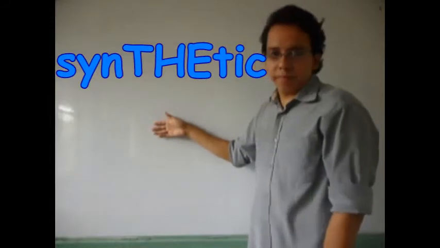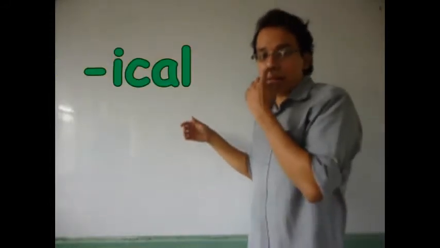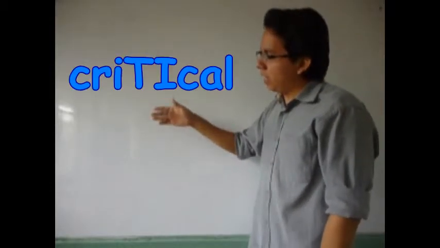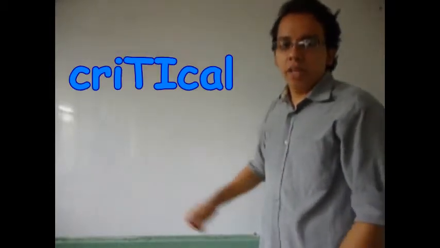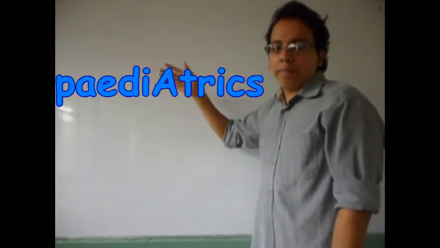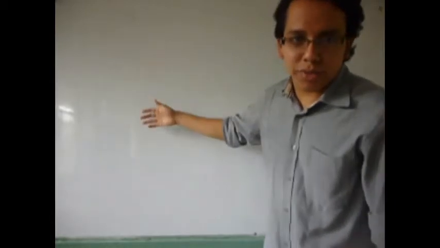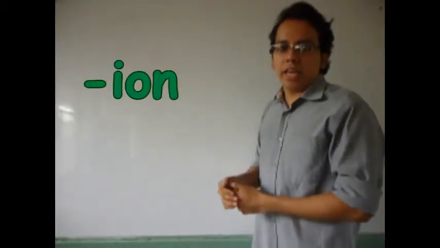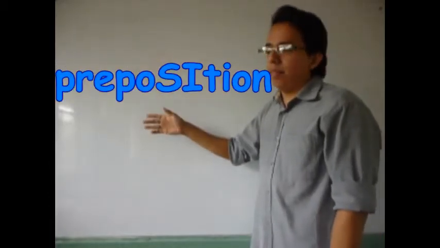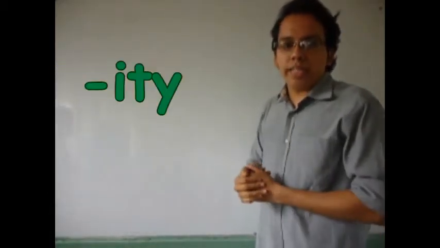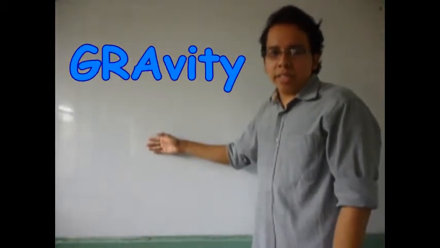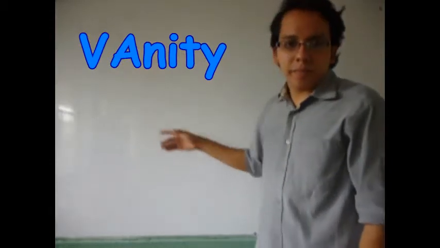With the suffix "ian," comedian, civilian, and technician. With the suffix "ic," archaic, platonic, and synthetic. With the suffix "ical," magical, logical, and critical. With the suffix "ics," diabetics and pediatrics. With the suffix "ion," classification, reposition, and vegetation. With the suffix "ity," immunity, gravity, and vanity.